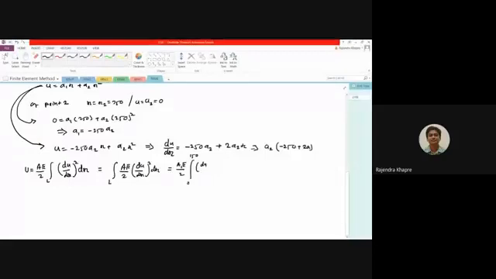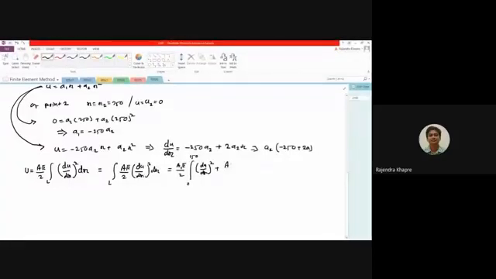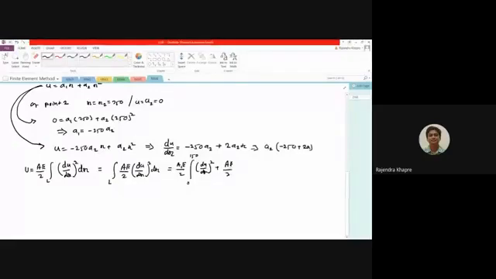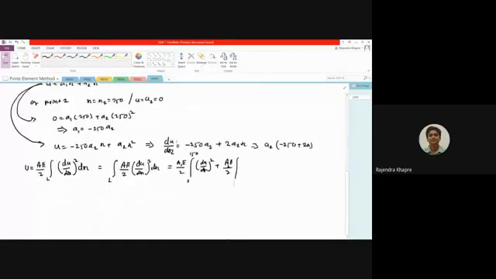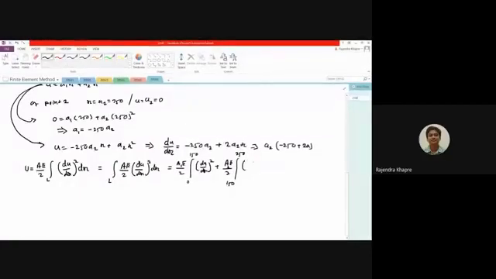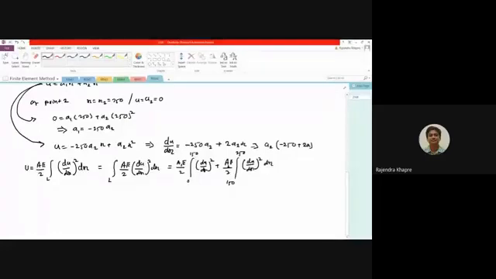Then you have du by dx whole square, plus now you have AE by 2, but this time you will have a2, because this a2 term is coming from 150 to 250. So the lower limit will be 150 mm and the upper limit will be 250 mm, and then you have du by dx whole square into dx. Here also dx will appear.